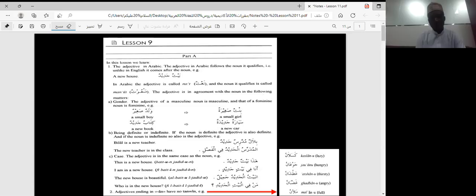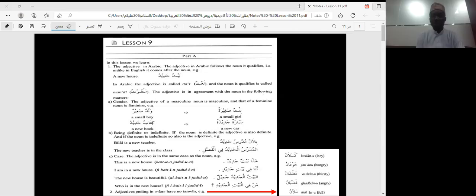No, qalamun jadidun. Very good. Qalamun jadidun, because the man'ut is masculine, hence the na'at should also be masculine. Get it? So they are in agreement in this matter, in gender.